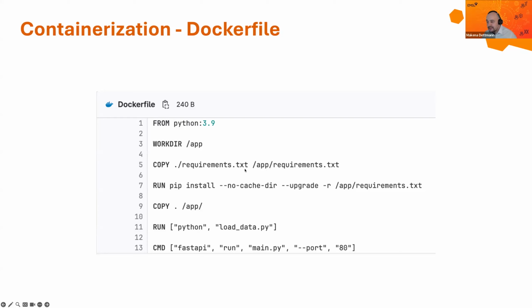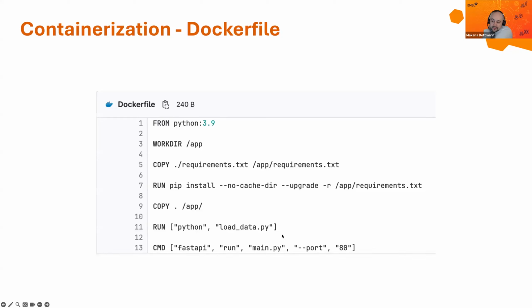I copy a requirements.txt into my app directory. I install those. Then I copy the rest of the contents into the app. I load the data using this command here, and then the CMD special word says this is how you actually start the application. So in this case, we're doing two things, right? We run a little script and then we run Fast API.